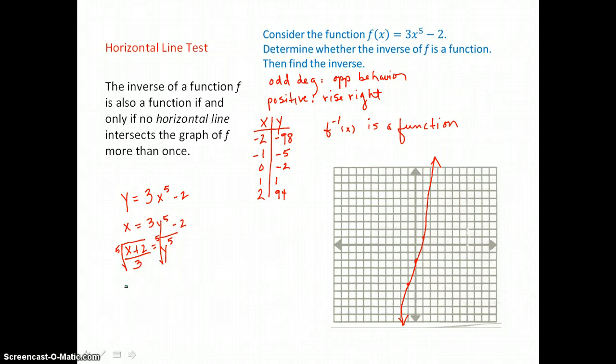So I have y is equal to, and an odd root only has one solution. So I have y is equal to the 5th root of x plus 2 divided by 3. And now we've already shown that f inverse is a function, so I can use function notation on this inverse. And I'll write it as f inverse of x is equal to the 5th root of x plus 2 over 3.